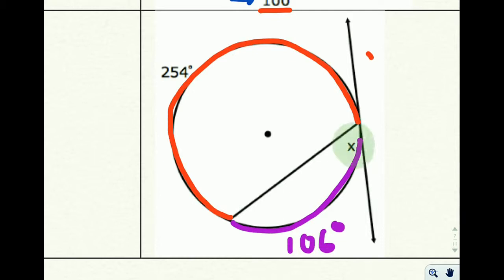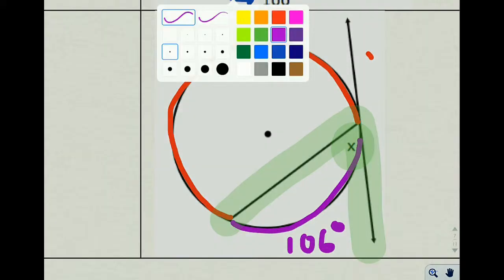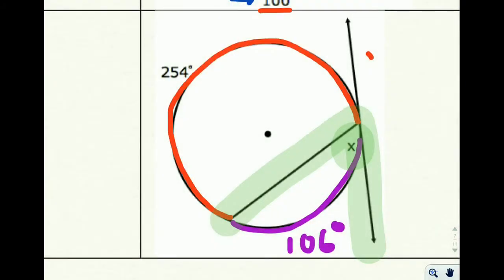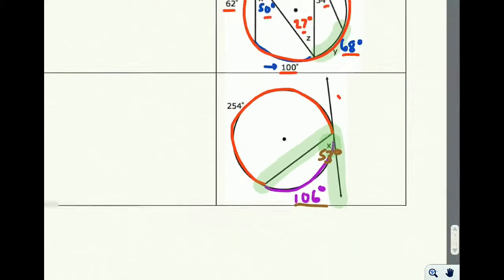The thing that we're trying to figure out is this x, this angle down here. And that angle goes up here and then back down here. So that is the angle that we're trying to find the measure of. Like above, even though the picture looks a little different, same basic idea. We take our 106, divide it by 2, and we get 53 degrees for x. So x is 53 degrees.